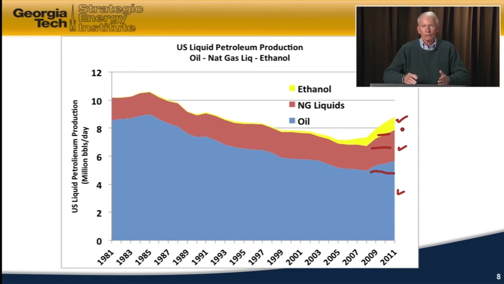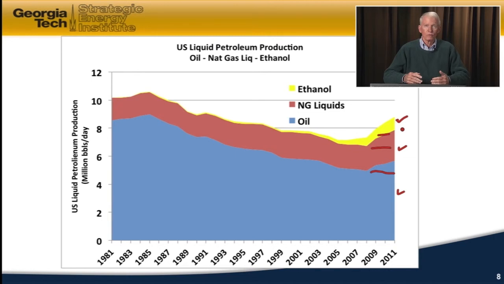I've already talked about natural gas liquids being used for several things, like ethane used to make ethylene and polyethylene plastic bags. For instance, your trash bags are made from ethane that comes from natural gas liquids, not from oil. Ethanol, what about ethanol? Well, ethanol is a direct displacement of oil that is used for gasoline in our transportation system.